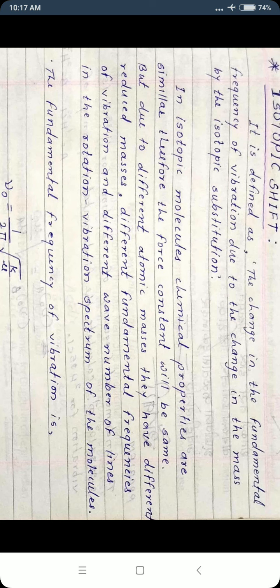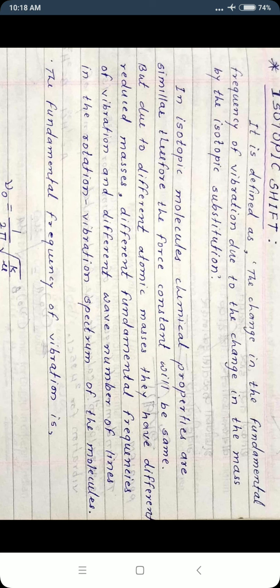Remember this definition: the change in fundamental frequency of vibration due to the change in mass by isotopic substitution is known as isotopic shift.